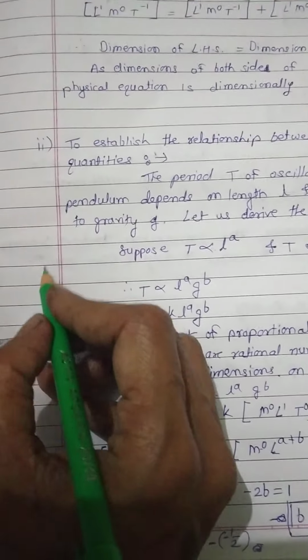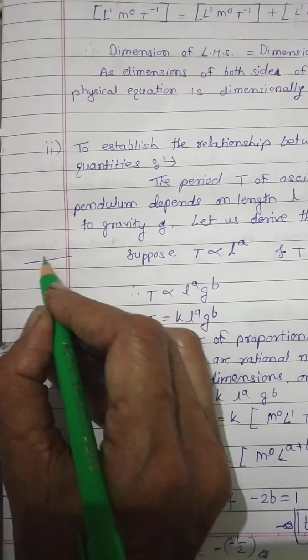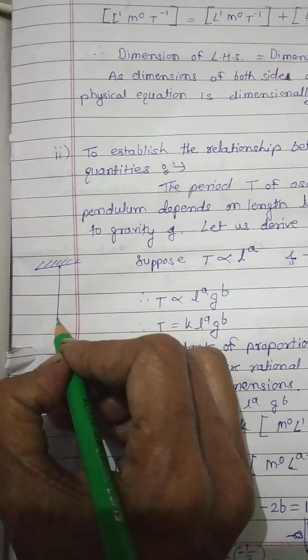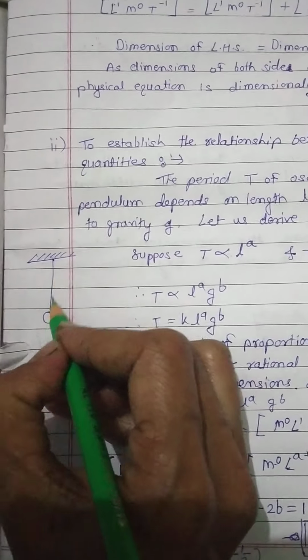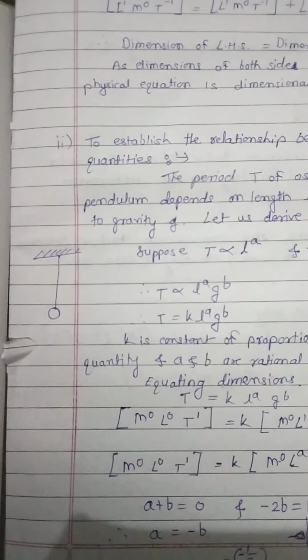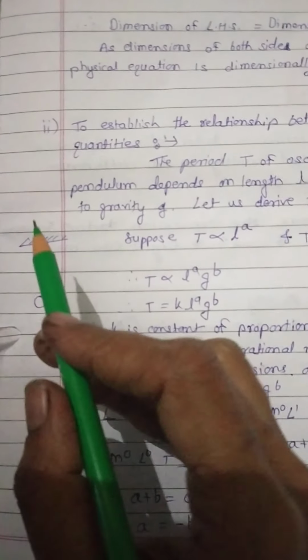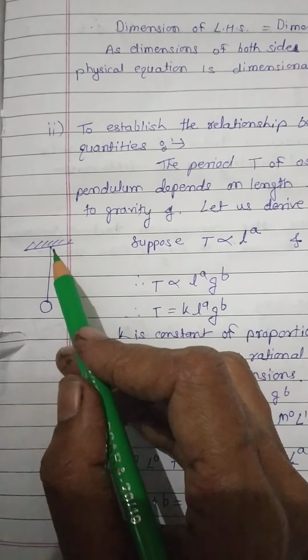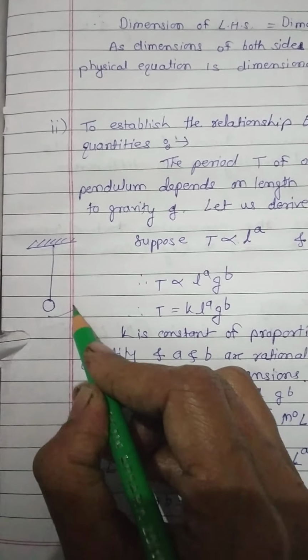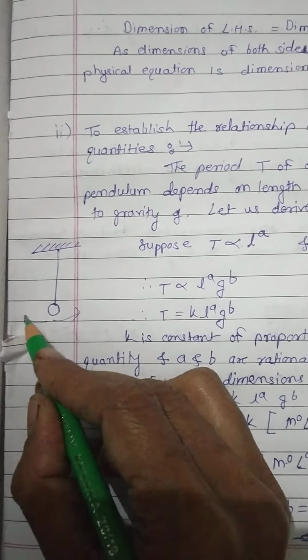All of us know that a simple pendulum means a bob is connected to a massless, weightless string, where one end of the string is connected to a rigid support, and its motion is a to-and-fro motion.